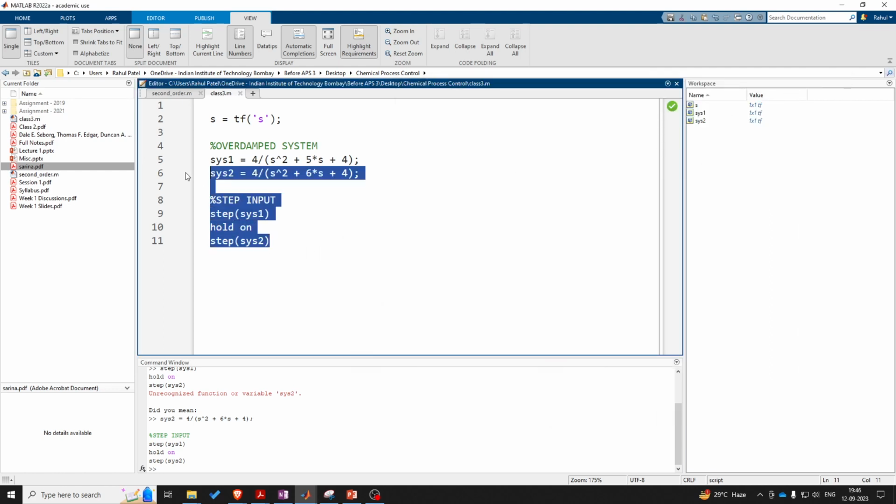Similarly, let's take a look at an underdamped system. Let's just close this plot.